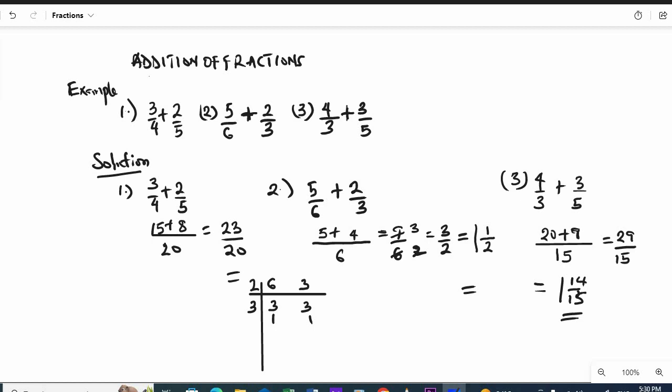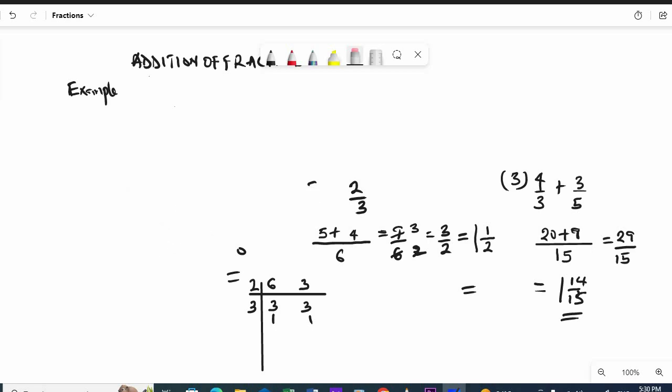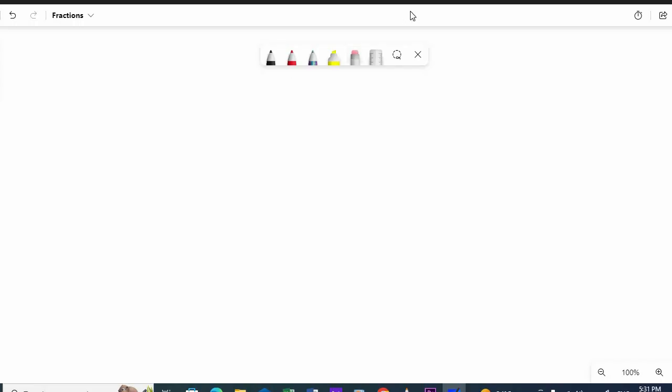There we go. So now we move into the next topic, or subtopic, which is subtraction of fractions. So I'm just going to erase this quickly, or better still, I just clear the canvas to make it quicker. Okay, great.